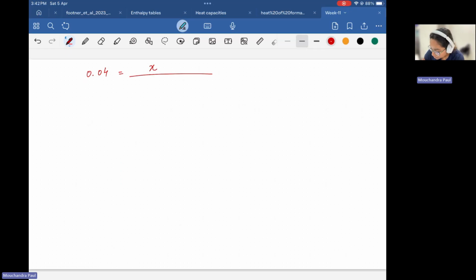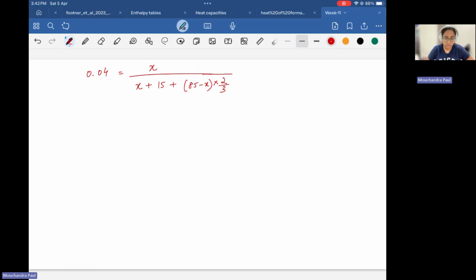So x by x plus 15 plus 85 minus x into 2 by 3. So this is basically the expression that we wrote from our understanding of mass fractions.